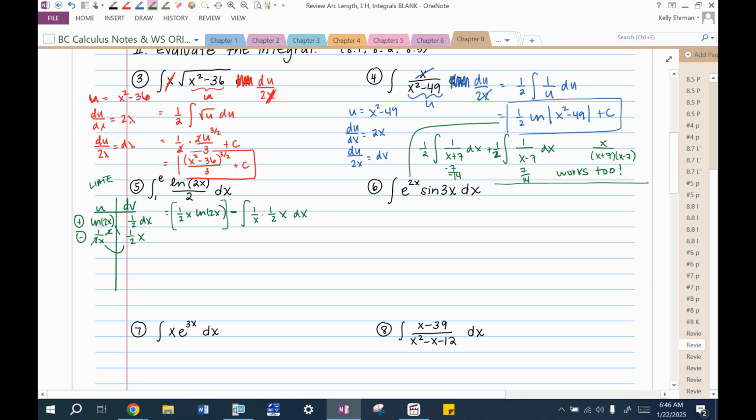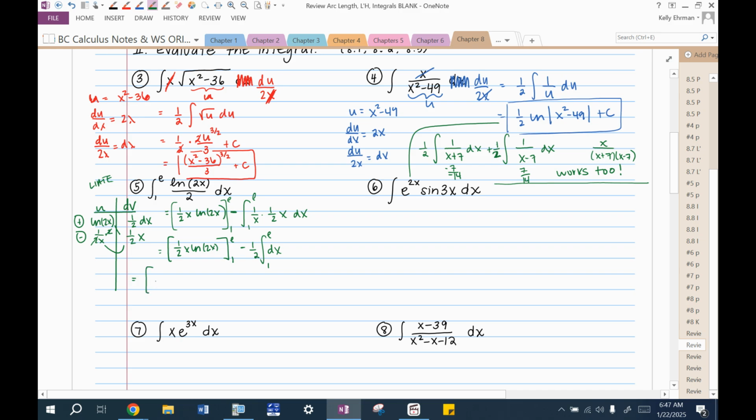This part that's not in the integral will need to get evaluated. I'll do that in a minute though. So we have this so far: 1/2 x ln 2x. That's going to get evaluated from 1 to e. And then this is like having a 1/2 out front. The x's cancel, right? This is just the integral of 1/2 dx from 1 to e.